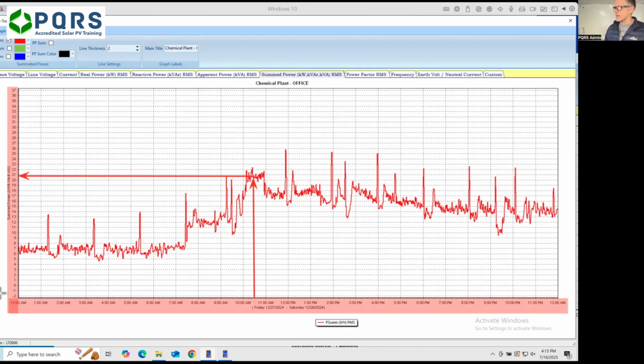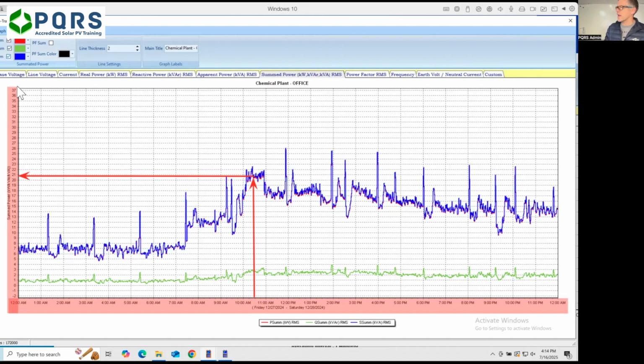If I add reactive power, reactive is the green line, and if I add kVA, kVA is the blue line. I'm going to take the green line away again so that we can look at kVA.